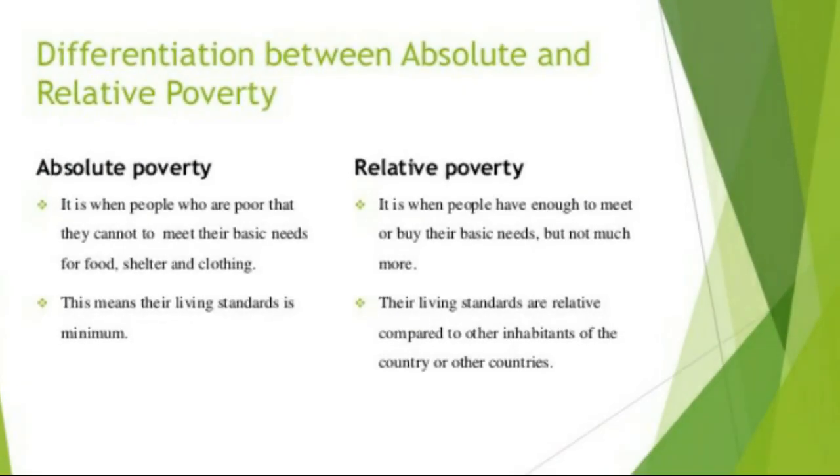Now, we will discuss two types of poverty here, that is relative poverty and absolute poverty. First, we will understand the concept of absolute poverty. Let's take an example. Suppose rupees 50 is the minimum consumption level of a person per day. But if a person is not able to earn that rupees 50 per day, then he will be considered an absolute poor.